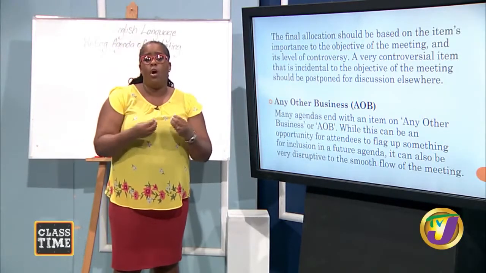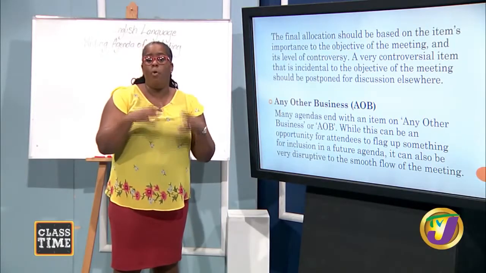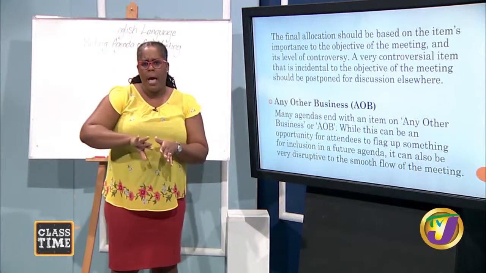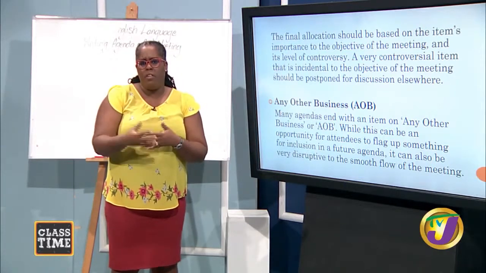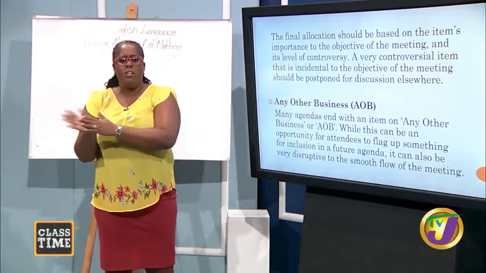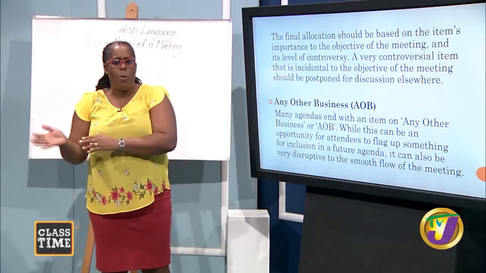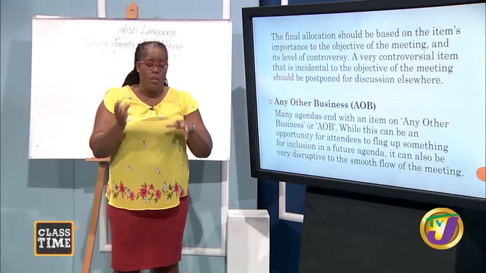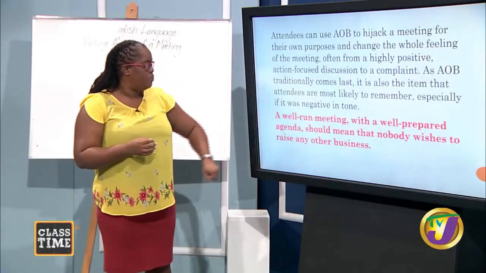But we would not like for it to be brought up here. So if the person is bringing up something controversial, you can direct them to speak to the person outside of the meeting, so that you do not allow the meeting to be disrupted.